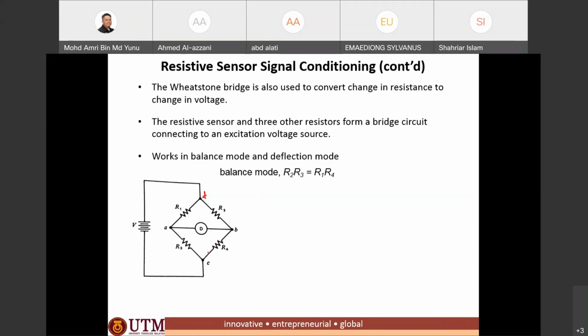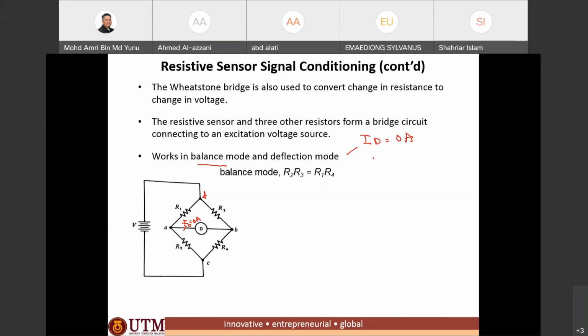Basically, in this circuit, at balance mode there is no deflection on the detector, so the current ID here will be 0 ampere. So no current, no deflection.